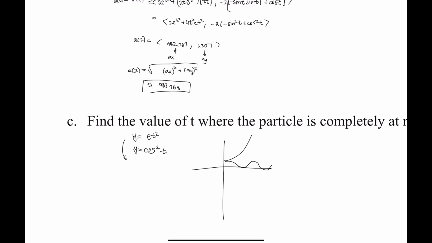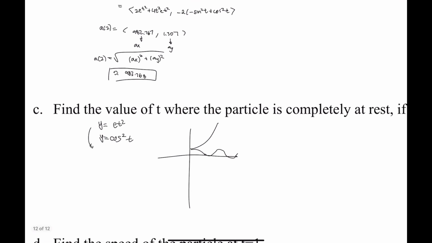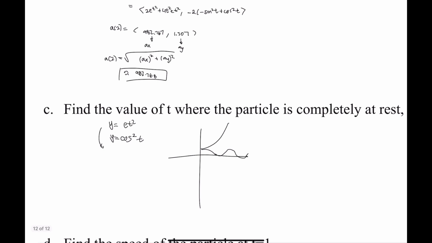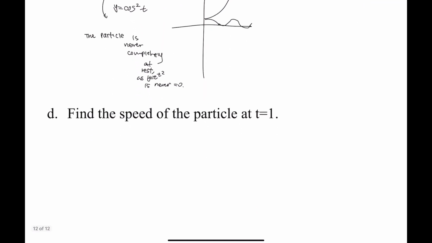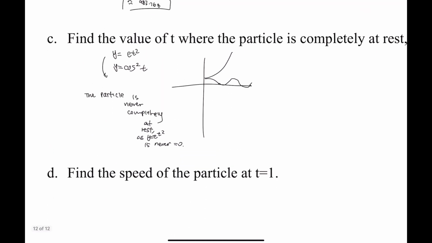So that means that doesn't reach 0 at any point in time. So the particle is actually never completely at rest. It is never completely at rest. Equal to 0.